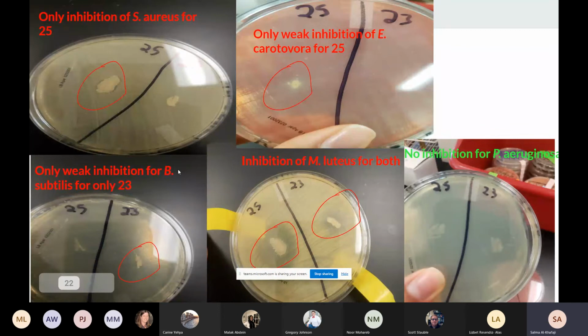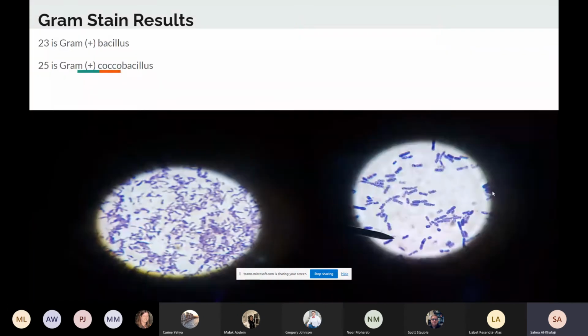And then for B. subtilis, only 23 showed a weak inhibition and 25 didn't show any inhibition. And then for M. luteus, both 25 and 23 showed pretty good inhibition zones, especially 25. And then for P. aeruginosa, 25 and 23 did not show any inhibition.